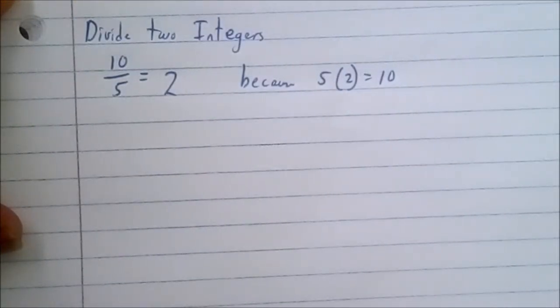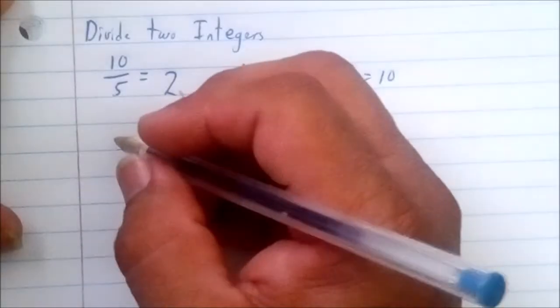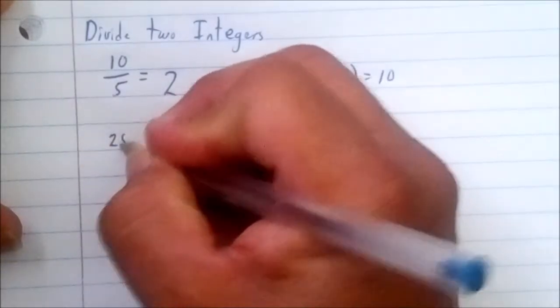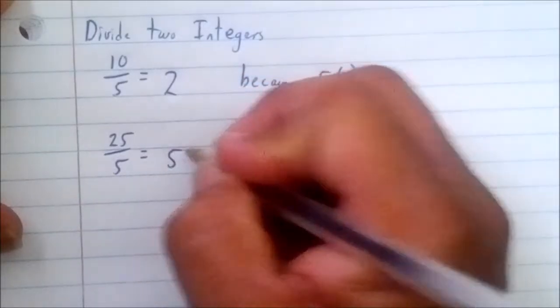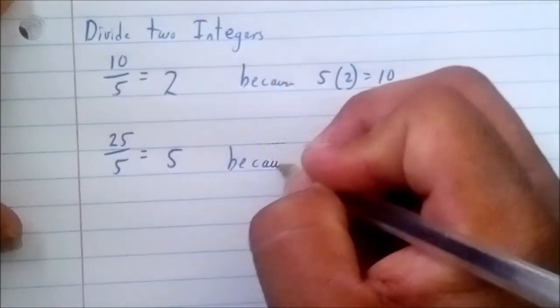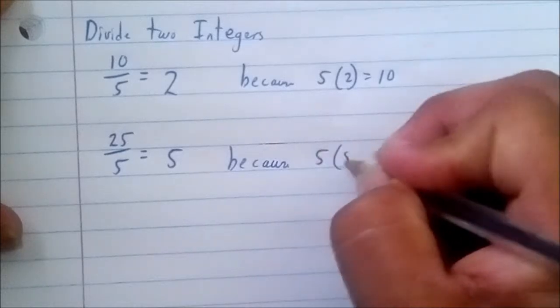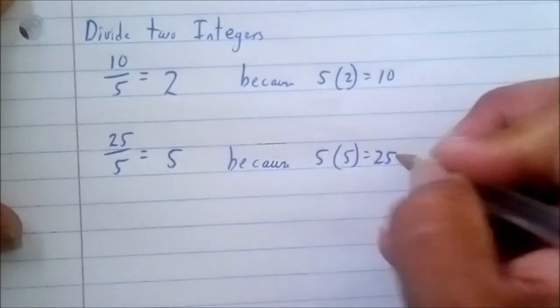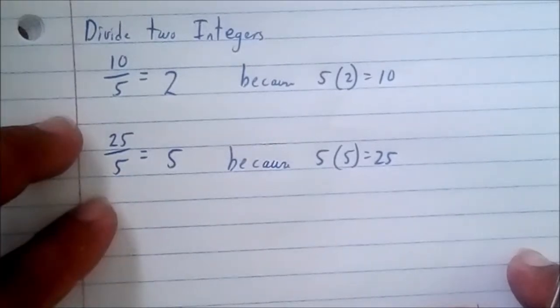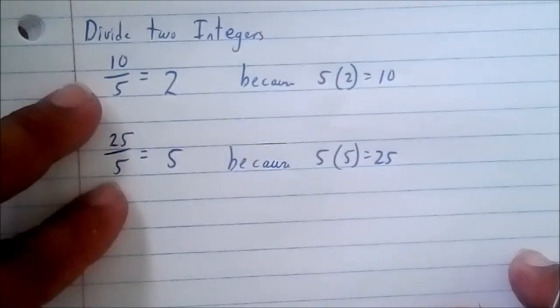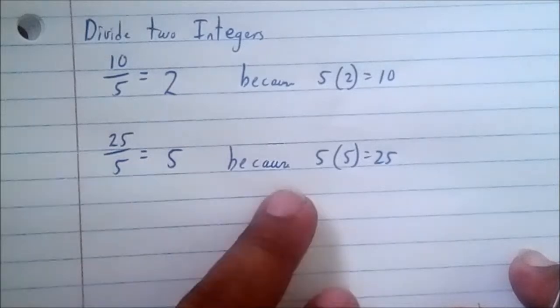Now, if we have 25 divided by 5, that gives us 5, because 5 times 5 equals 25. We know that also. We can use the relationship between multiplication and division to help develop rules for dividing integers.